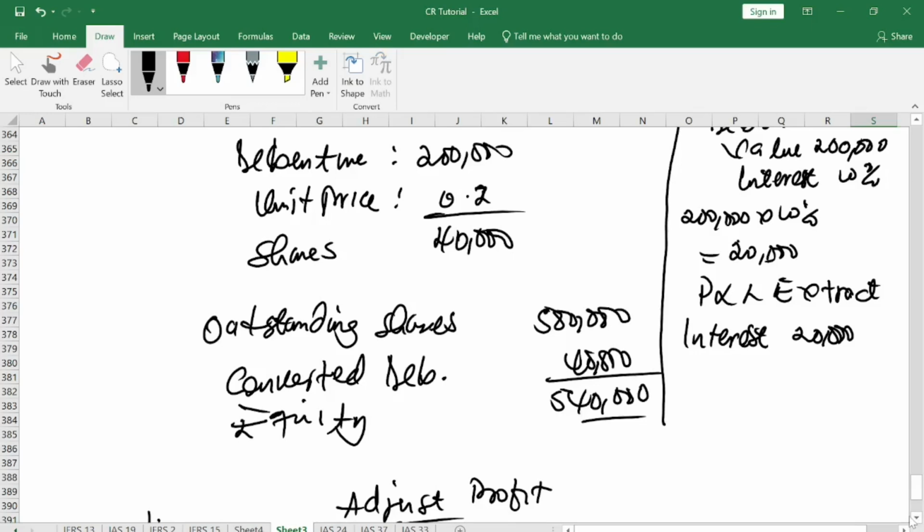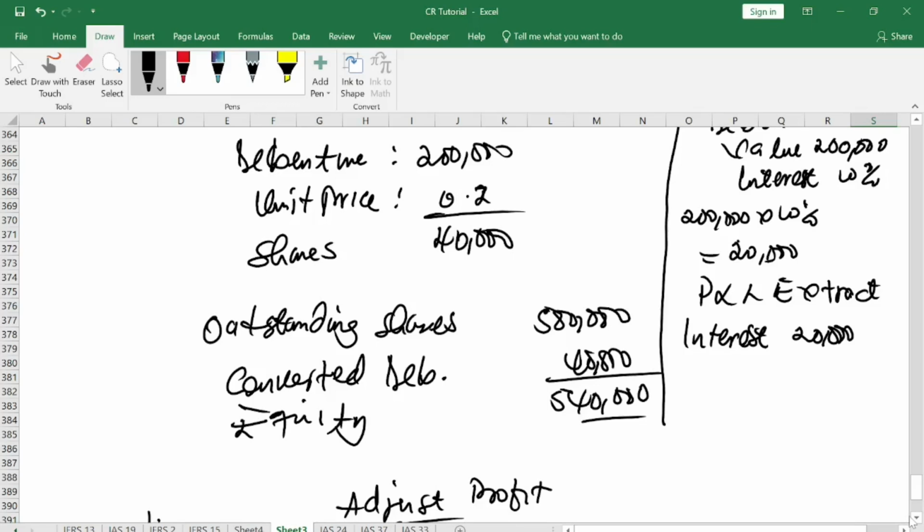We don't pay tax on it, because in our profit and loss account we debit it as an expense. So in our chargeable income, this 20,000 has already been removed.